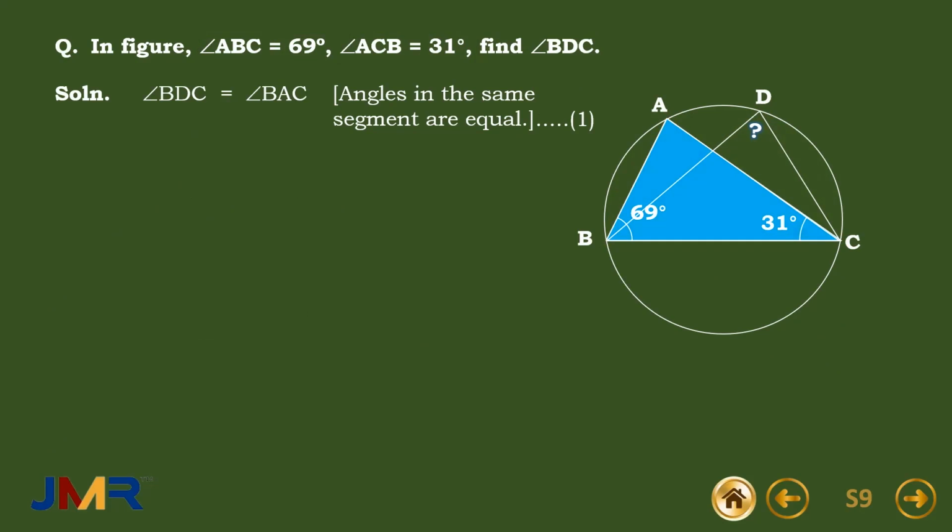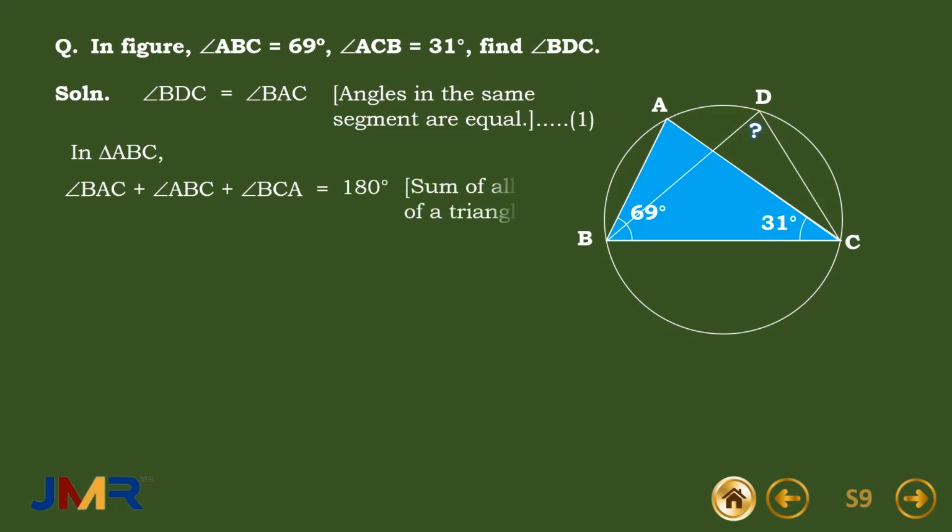In triangle ABC, we know two angles, we have to find the third angle. We can use the angle sum property and find angle BAC. But the question is asking us to find angle BDC. We know from the previous theorem, angle BDC is nothing but angle BAC. Why? Because angles in the same segment are equal. So now let us find BAC. That will be automatically equal to angle BDC.